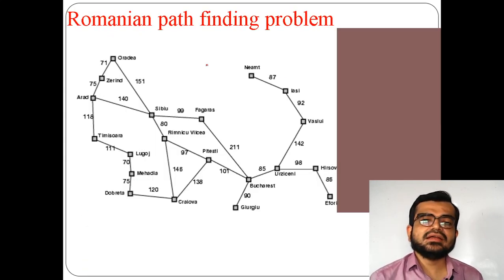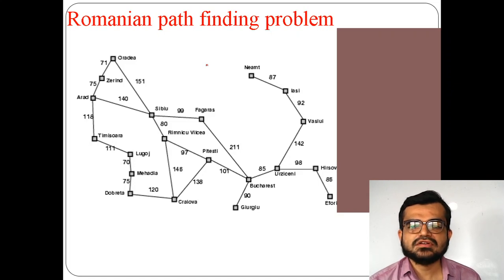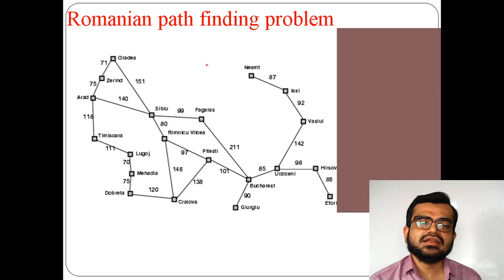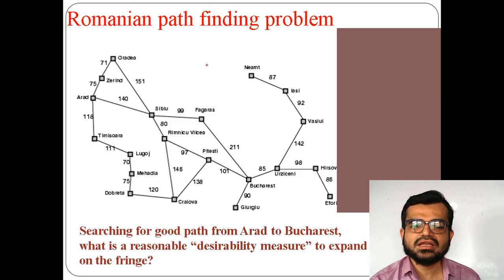So now there is another example, a practical example. If you see here, there is a path, again the Romanian path. This path will be helpful to find the problem in the best first search mechanism. For example, I already said we are reaching from Arad to Bucharest. This is how the goal state is Bucharest. So now how should we reach? We need to find a good path.